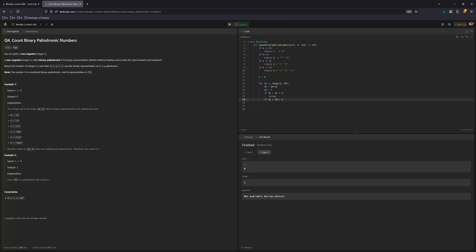If left bit plus right bit exactly equals n, then C plus equals 1 and break. Okay. Now if it's less than, then we have some flexibility.